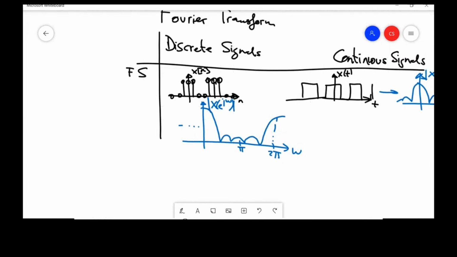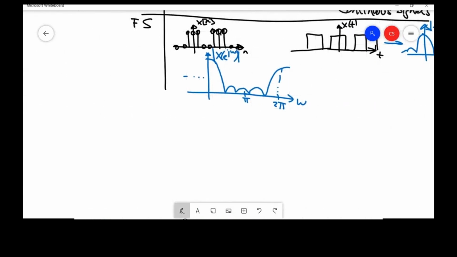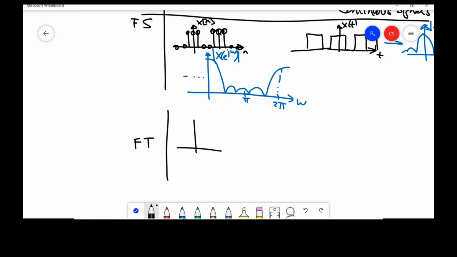Yeah, actually, I made it wrong. I'm mixing here. So let me fix it. We have Fourier transform. It looks very much like this one, but now we don't have anything periodic.